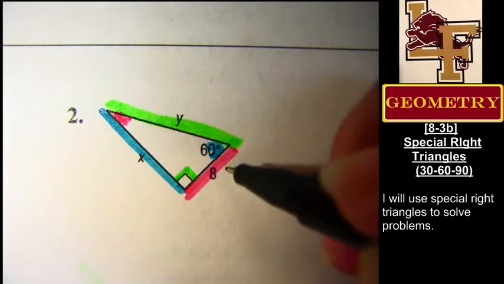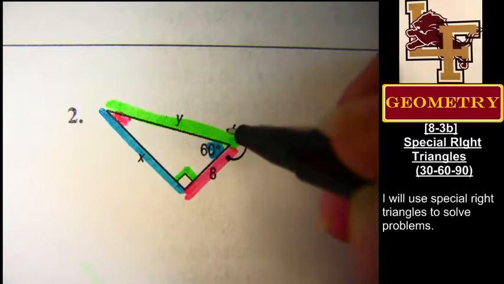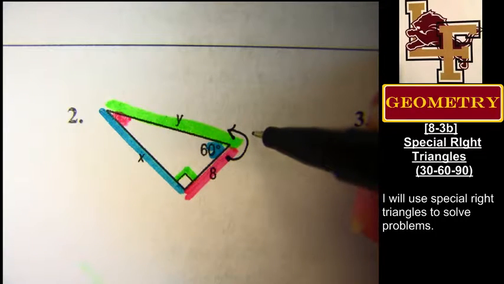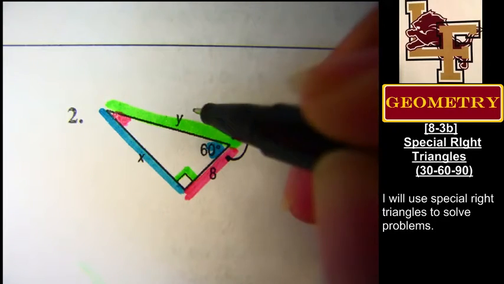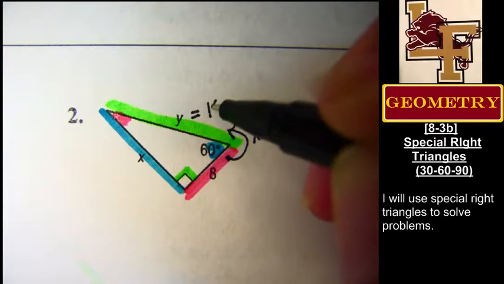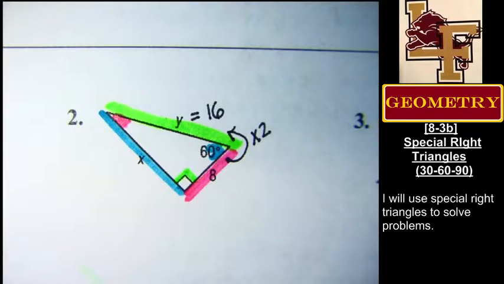What was the pattern to go from short leg to hypotenuse? Multiply by 2. 8 times 2 is? We're done. We're done. That's it. For the hypotenuse, we still need to find the other leg. We'll do that later.